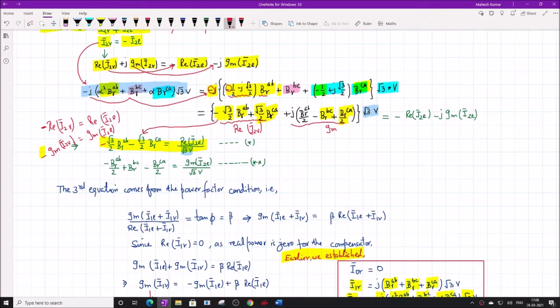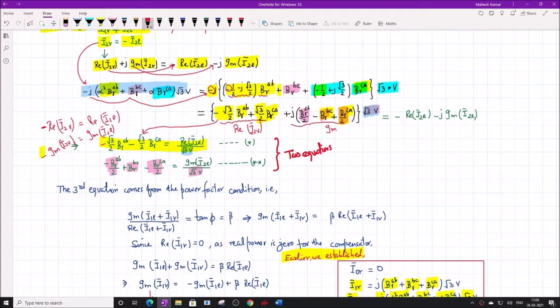So minus of this, so minus b gamma by 2, you can see it here, this term, minus of this term is minus b gamma by 2, and then minus minus become plus here, so this is plus b gamma bc, and they become again minus here, equal to imaginary of I2L by root 3b. The root 3b has come down here. So I have given the name star and double star. These are two equations coming from condition 2. So condition 2 gives two equations, because we are comparing the real and imaginary parts.